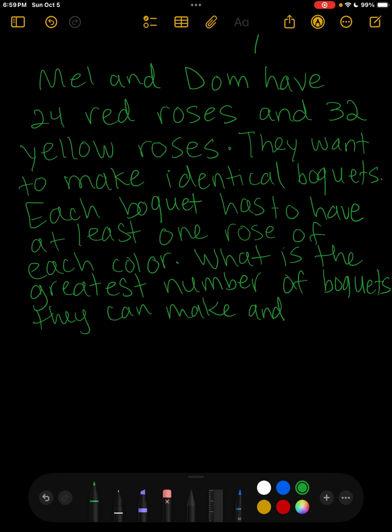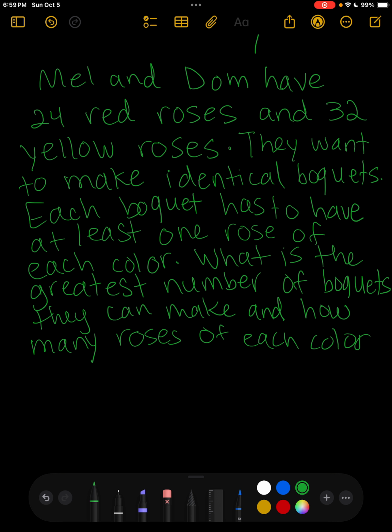And how many roses of each color will be in each bouquet? Sorry, that was a long question.